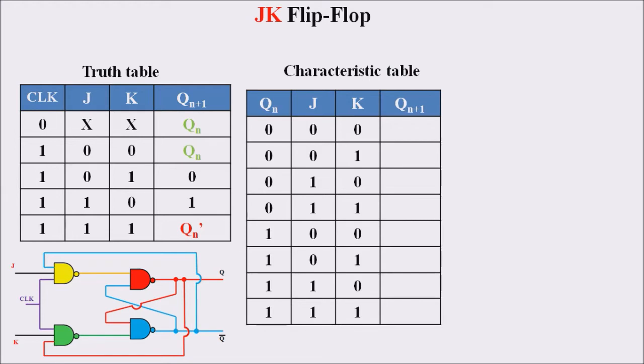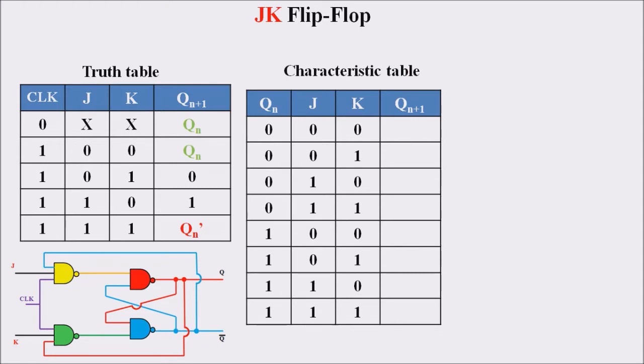Here in the truth table, Qn represents the previous state and Qn plus 1 represents the current state. So 0 clock results in preserving the previous output, that is we are dealing with a memory condition. If the clock is equal to 1 and J is equal to 0 and K is equal to 0, it also results in a memory condition.